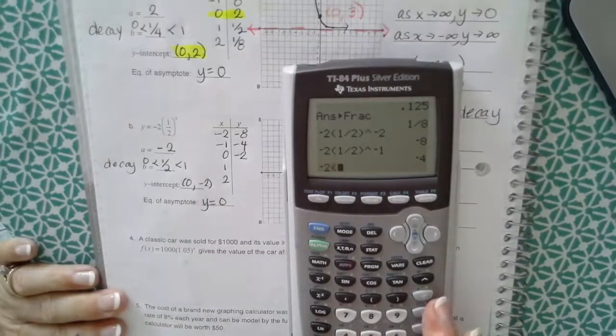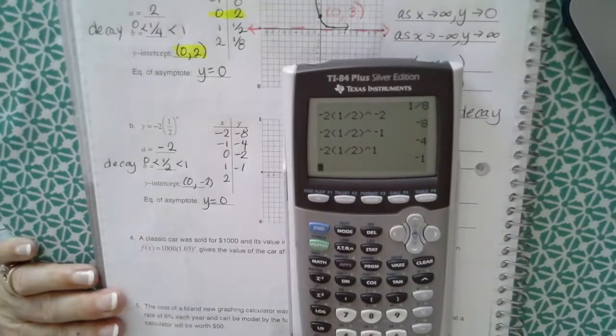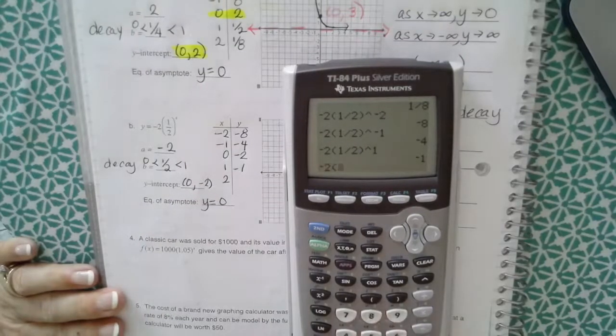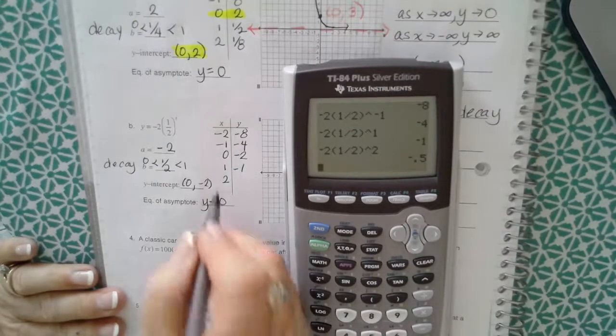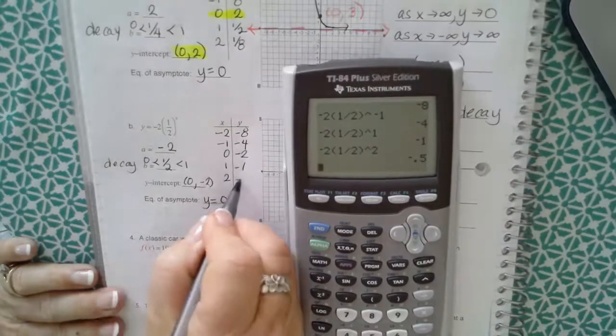So we do -2, parentheses, 1/2 to the first power. We get -1. -2, parentheses, 1/2 to the 2 power, and I get -0.5 or -1/2.